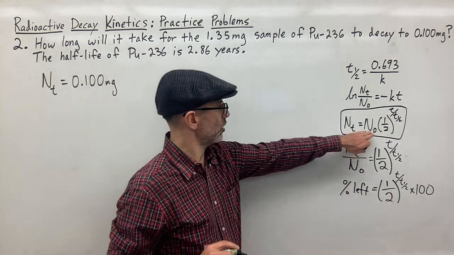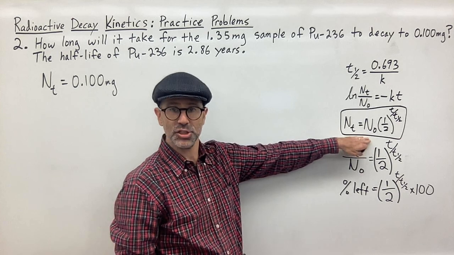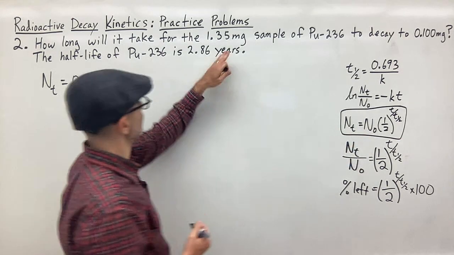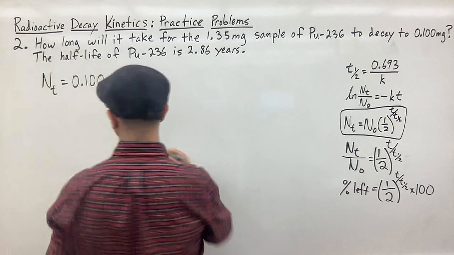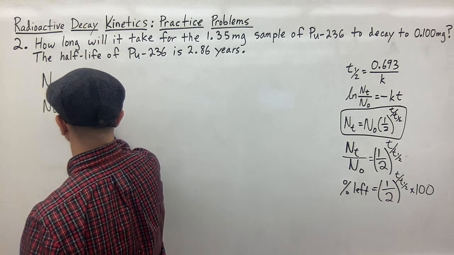N naught, the initial amount that we started with, in this case is 1.35 milligrams.